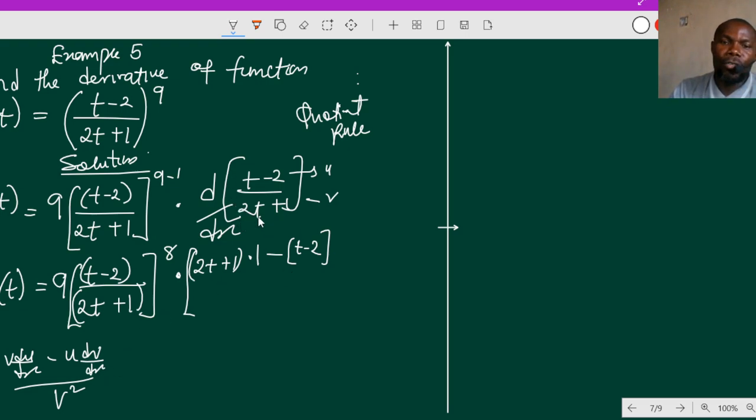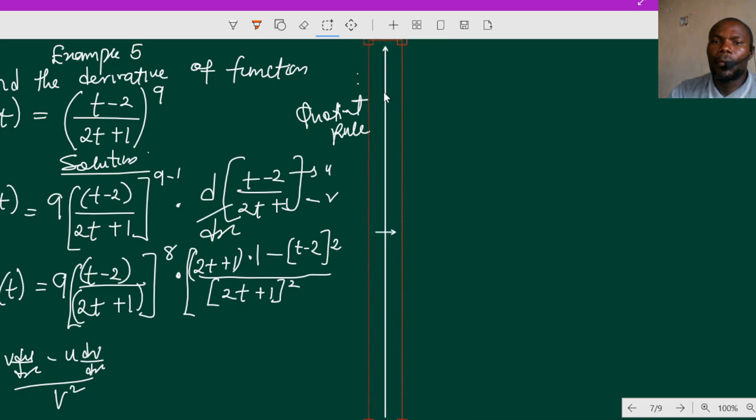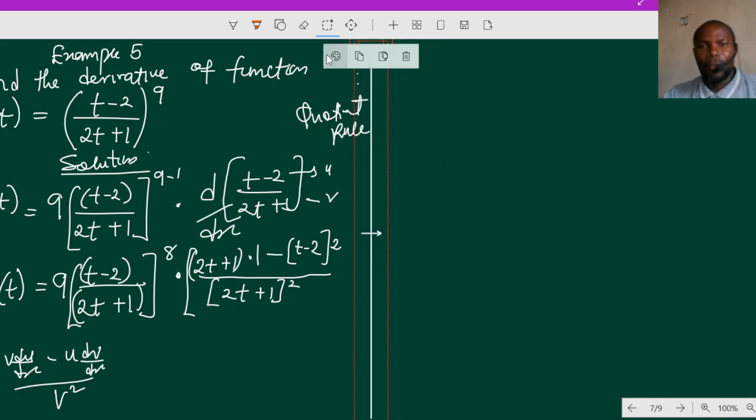What is our v? 2t plus 1. We multiply by 2, all over v squared, 2t plus 1 all squared.